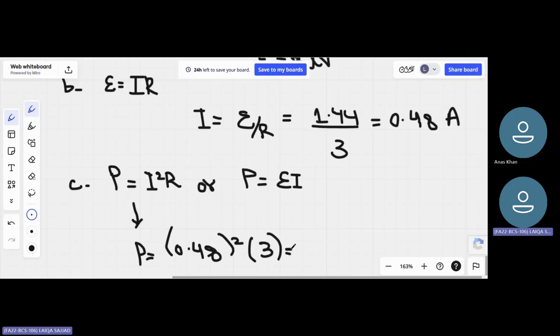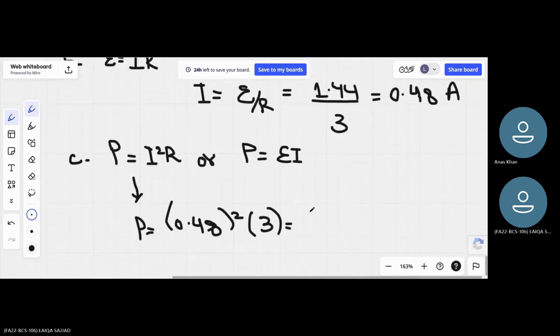So power would be 0.69. And what about the unit? The unit is watts.